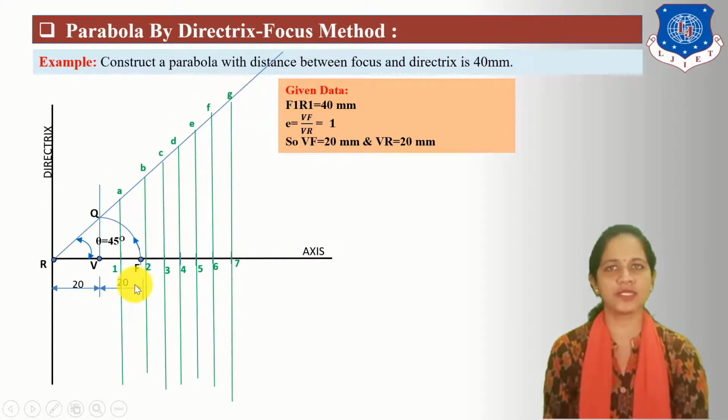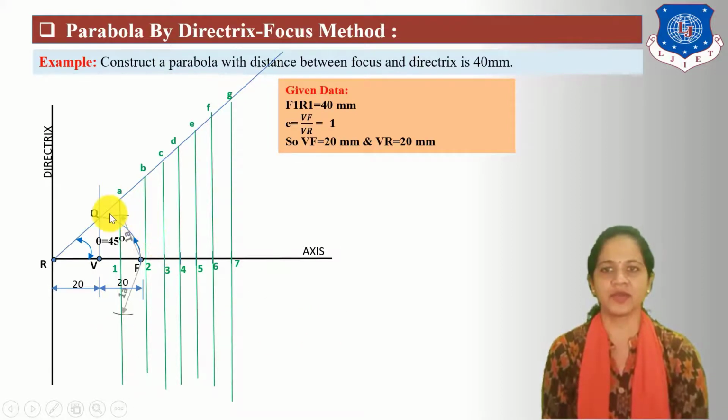Now for finding locus point, first take radius 1A, center F and cut 2 arcs on this 1A line. One is above the axis and another is below the axis. Similarly, take radius 2B, center F and cut 2 arcs on 2B vertical line. Next, take radius 3C, center F and cut 2 arcs on 3C line.